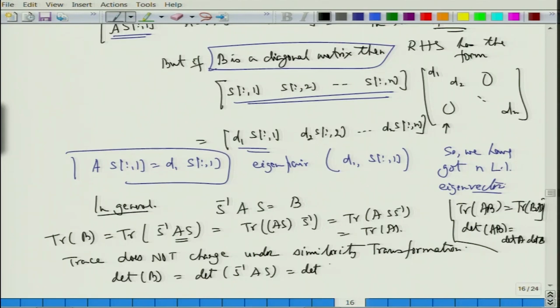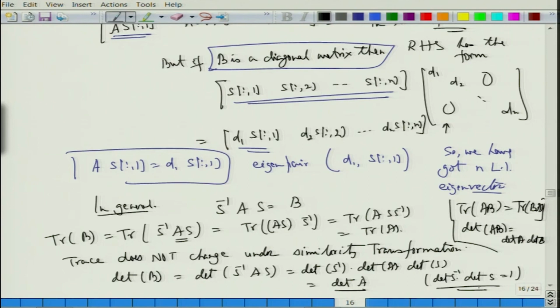So, determinant of S inverse into determinant of A into determinant of S, which is same as determinant of A, fine, because determinant of S inverse into determinant of S is 1, all right, fine. So, you can see that under similarity transformation, the trace and determinant do not change. What can we say about eigenvalues also, that the eigenvalues will be the same, all right. So, I would like you to check that.